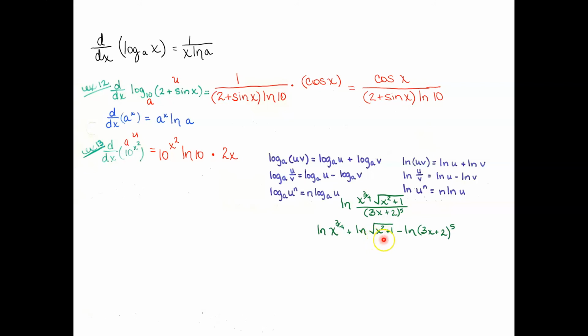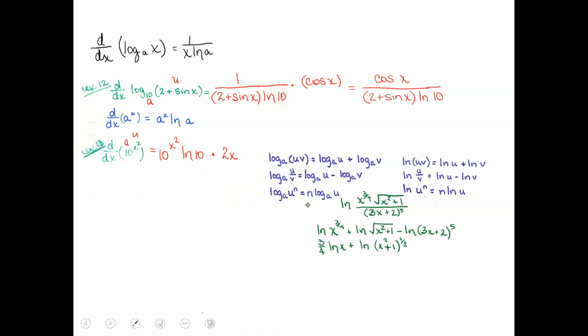Also, we could rewrite the square root of x squared plus 1 as x squared plus 1 to the 1/2. So each of these exponents, 3/4, 1/2, and 5, we can use this property to pull the exponent out in front. And so that would give me 3/4 ln x.